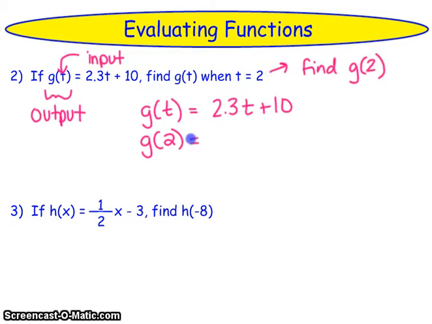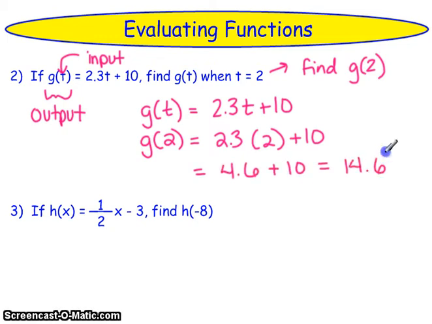So g of 2 is going to be 2.3, and then where I see a t, I put in a 2, plus 10. That means 2.3 times 2 is 4.6, plus 10 equals 14.6. So g of 2 equals 14.6.